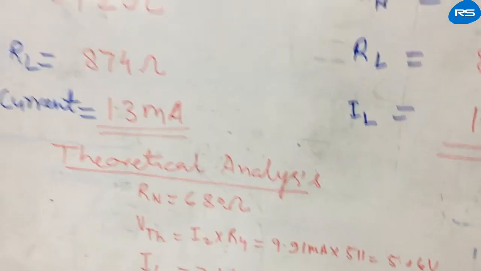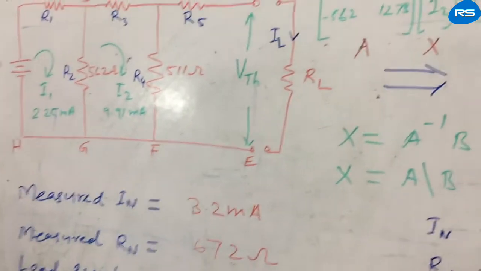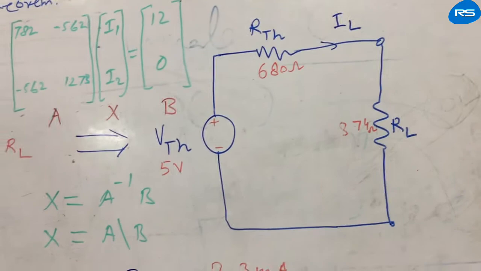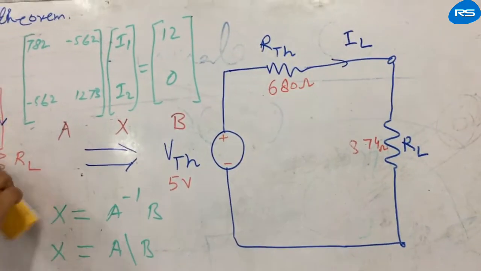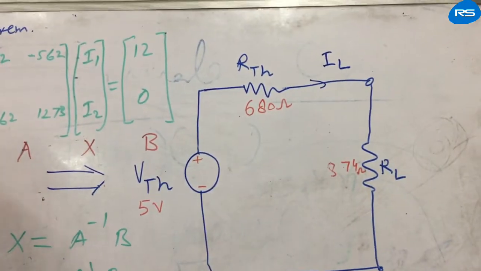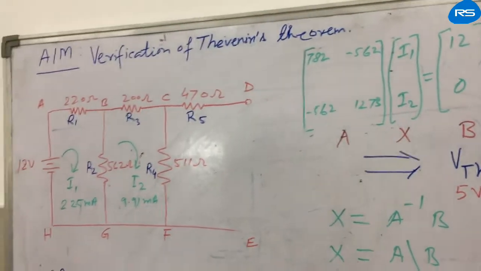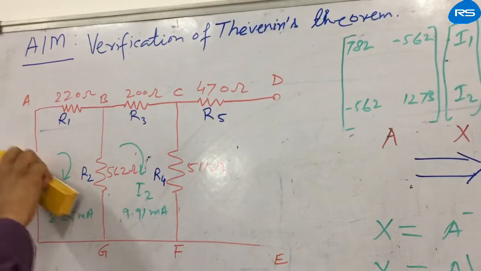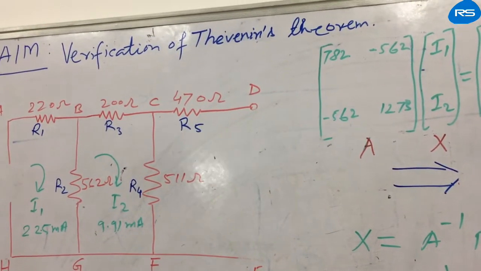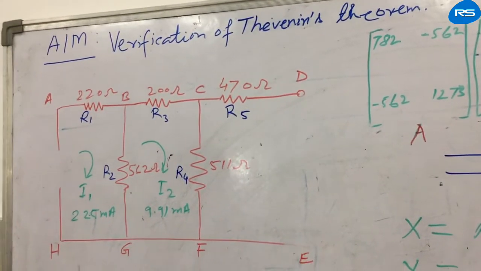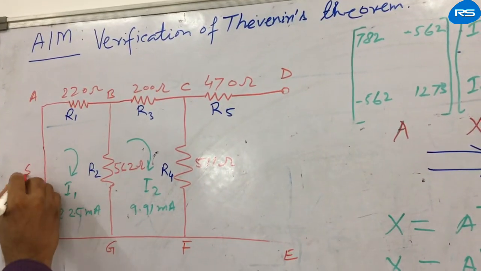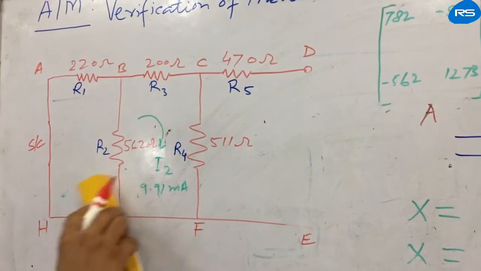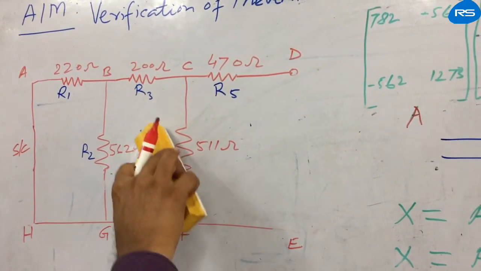Now we'll try to find out the equivalent Thevenin resistance. For that, we'll open circuit this load terminal, and we'll replace this energy source by a short circuit. So here we have a short circuit, and now we can have a circuit like this.